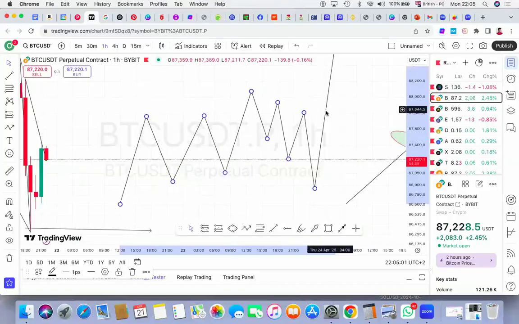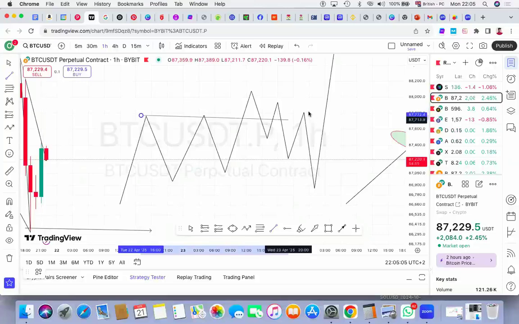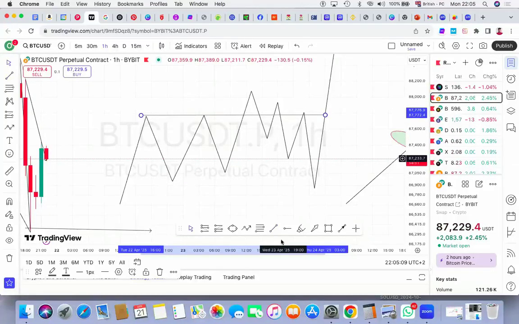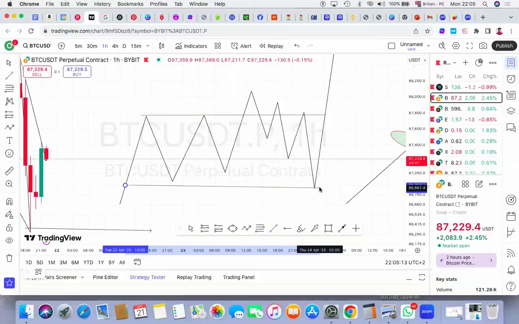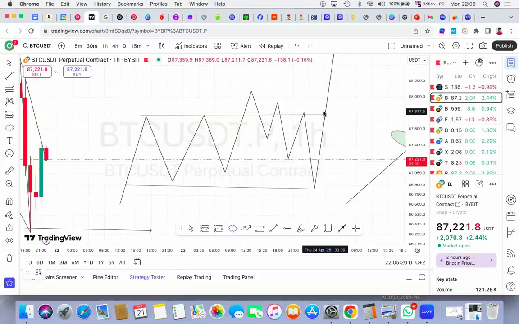So this breakout, the market was doing this. So here is basically the breakout.